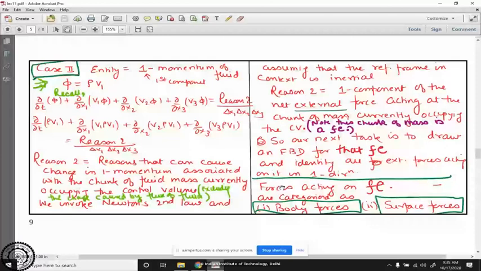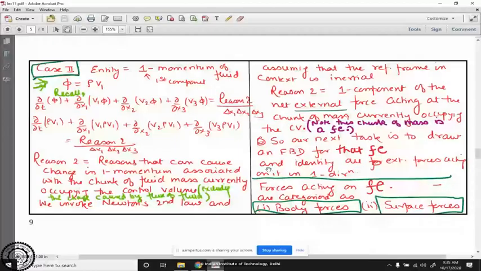So that's what we will do. We will draw the FBD of that Fe and identify the external forces acting on it. Once we have those forces, we can put them back as reason two, and we should be able to get our next equation.